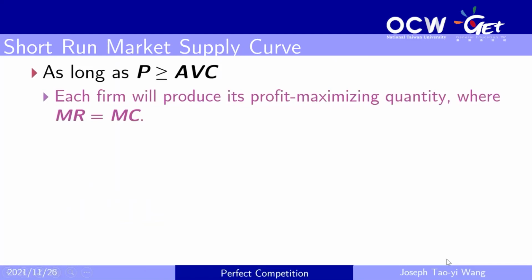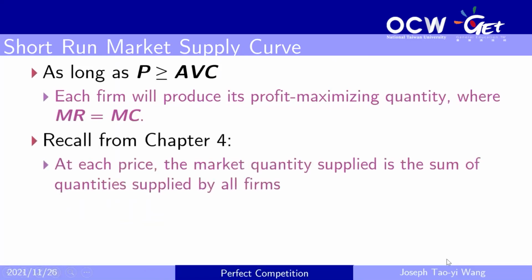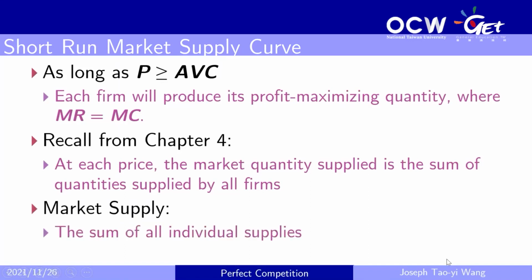So each firm is going to produce at the profit maximizing quantity where MR equals MC. So remember, the market quantity supplied at different prices is the sum of the individual quantities supplied by each of these firms at the same price. So you're basically summing up individual supply curves horizontally.